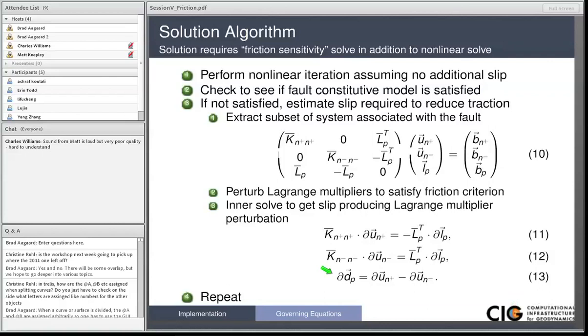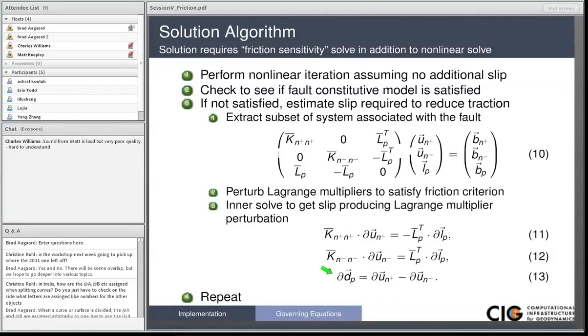In the long term, we hope to improve the solver so that instead of having these inner solves and outer solves, where the inner solve is just this portion related to the fault and the fault constitutive model and updating the slip, we hope to formulate a more general constrained system so that when we update the entire solution according to the Lagrange constraints on the Lagrange multiplier, we actually update the entire search direction.